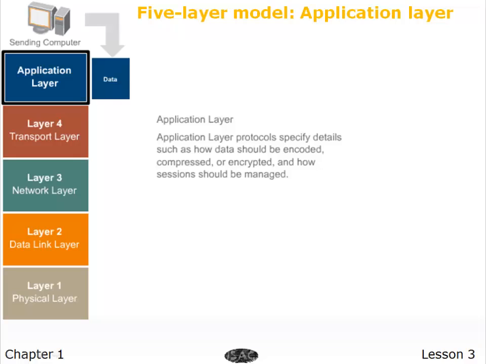The application layer has its own protocols, such as HTTP, which stands for Hypertext Transfer Protocol, SMTP, which stands for Simple Mail Transfer Protocol, SNMP, which stands for Simple Network Management Protocol, FTP, File Transfer Protocol, and so on.